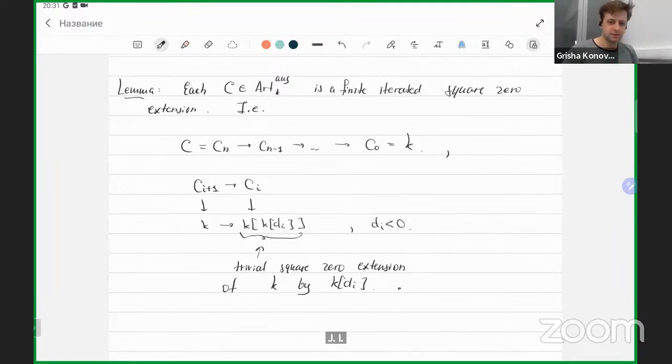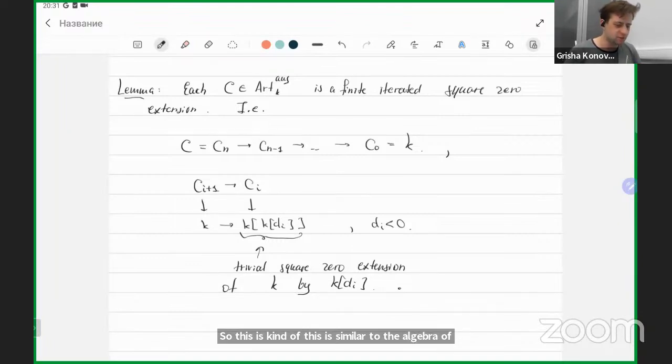So this is similar to the algebra of dual numbers, but the generator of this algebra might have some degree.